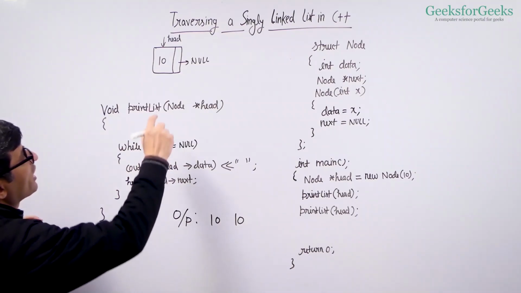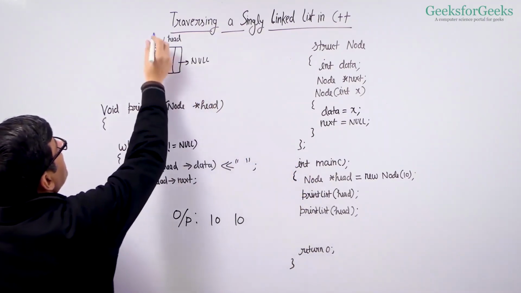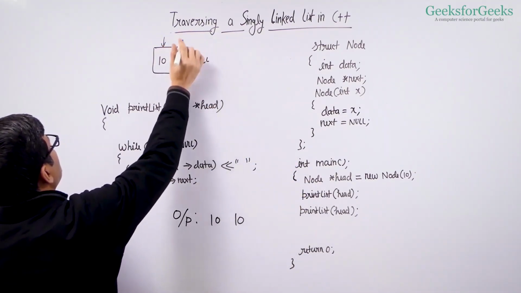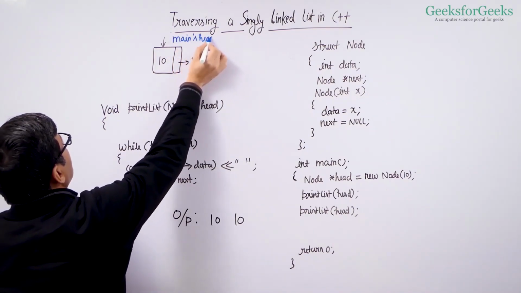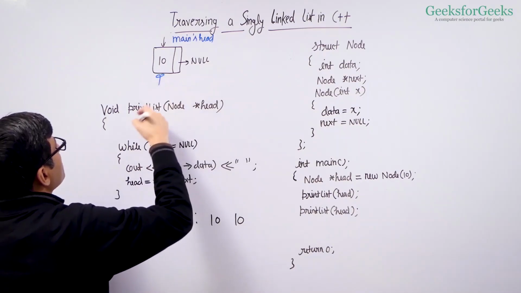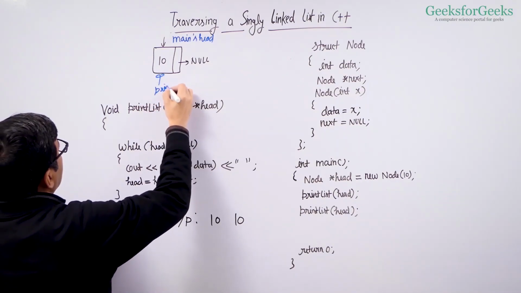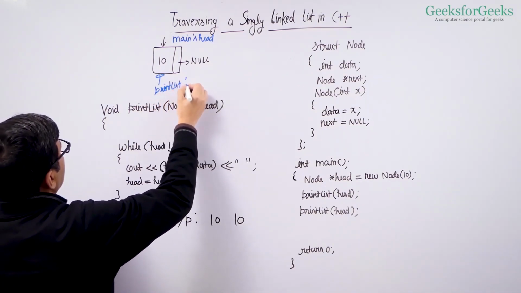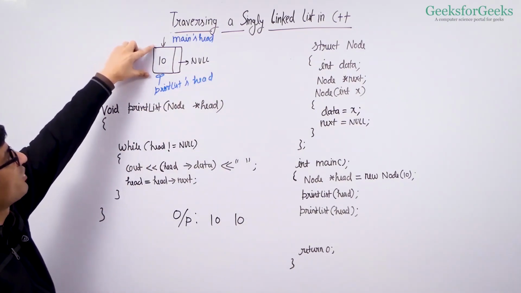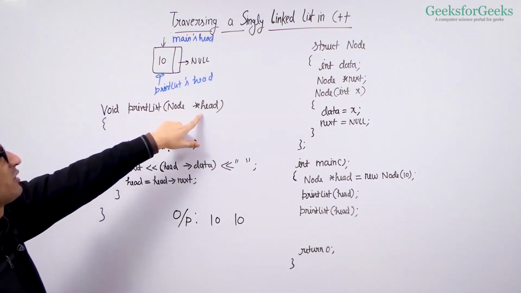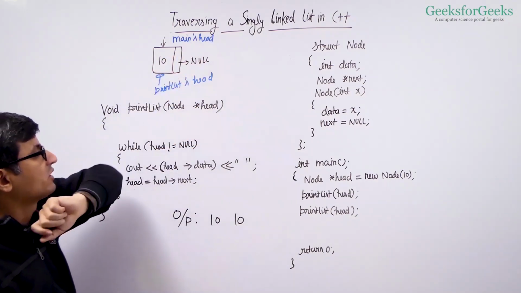So we have two head variables. One is main's head, which was initially our head, and we have one more head here, which is printList's head. They both have the same address. Suppose the address of this node is 5000, then printList's head also has 5000 and this also has 5000.